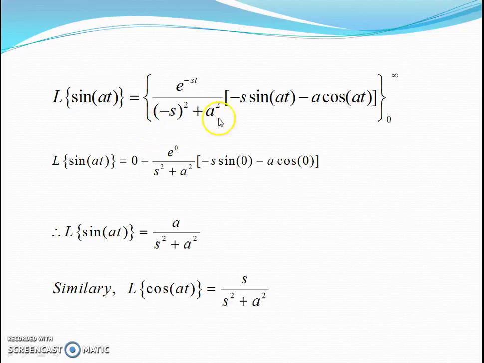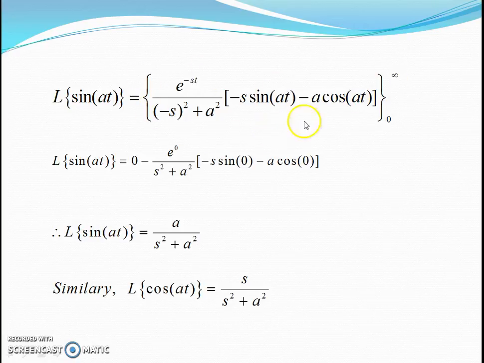After integrating the right hand side with respect to t using this formula, we get Laplace of sin at equal to e to the power minus st upon (s square plus a square) into bracket minus s sin at minus a cos at, with t running from 0 to infinity.